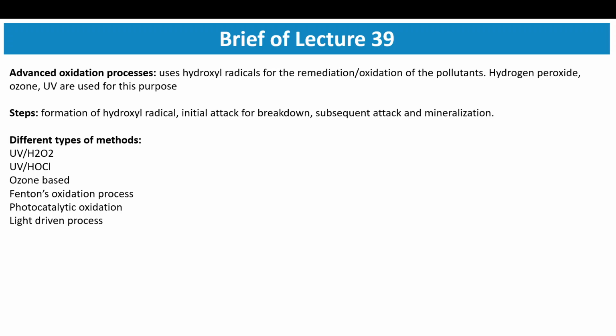Now let's talk about another type of advanced or tertiary treatment method, which is nothing but advanced oxidation processes. Advanced oxidation processes are used specifically where the organics are non-biodegradable.